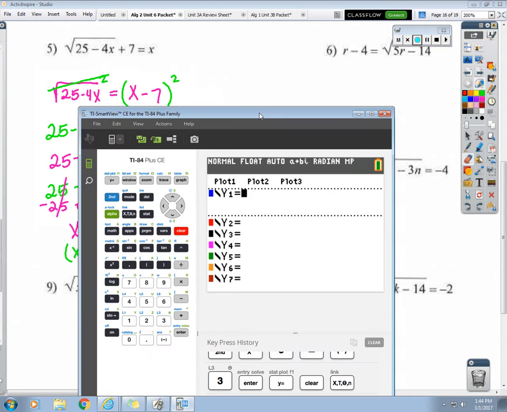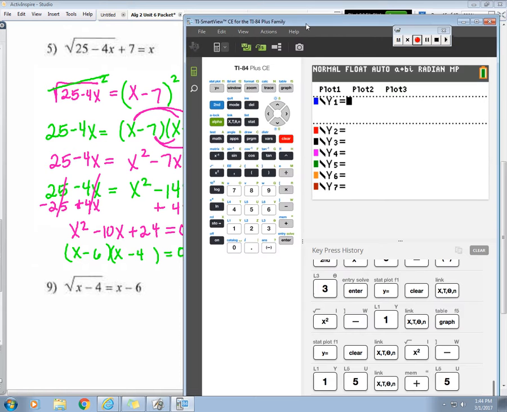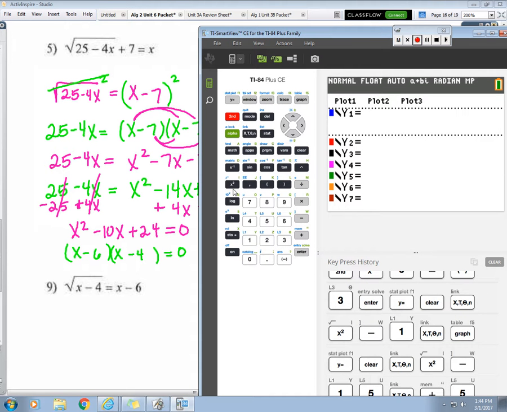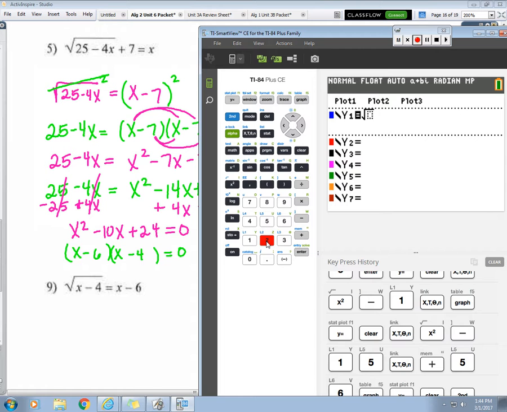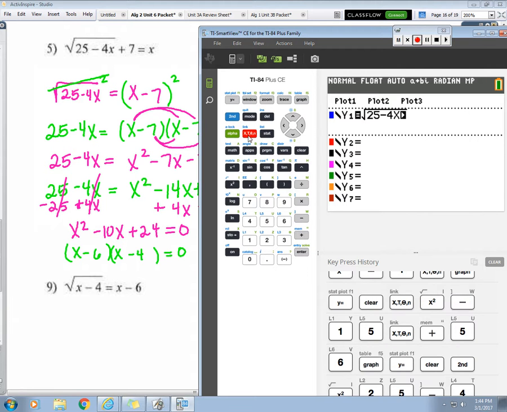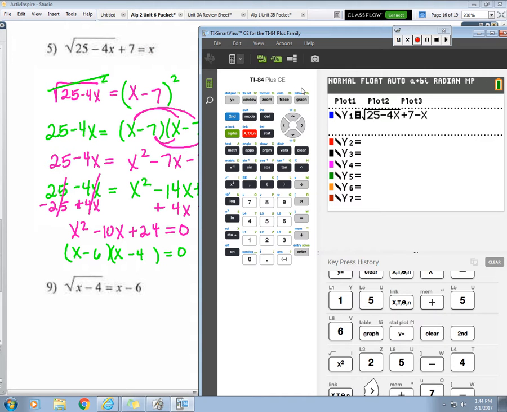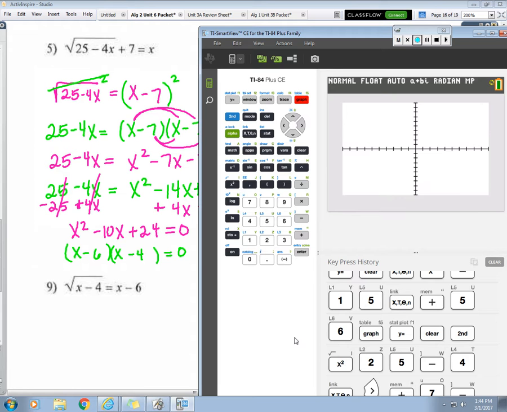Y equals the square root of 25 minus 4x, and then on the outside plus 7, but then this x is on the wrong side, so I would have to subtract it over, so minus x, and now watch when I graph this. It never hits the x-intercept, or x-axis, does it? That's why neither solution worked.